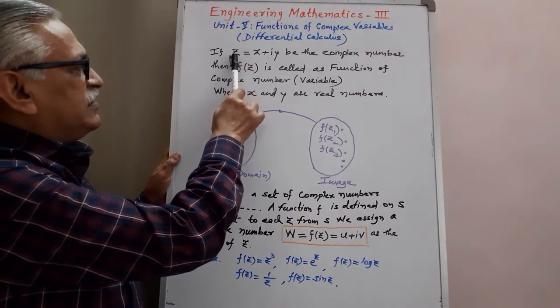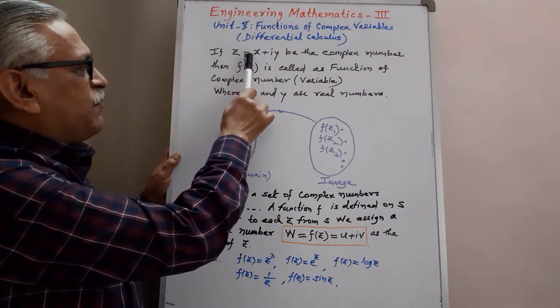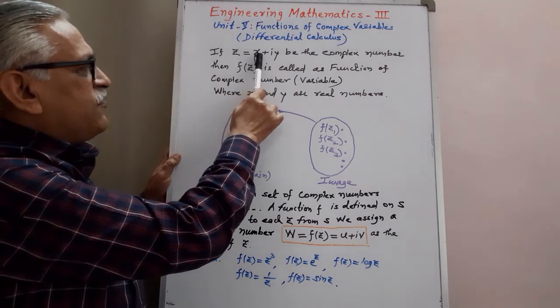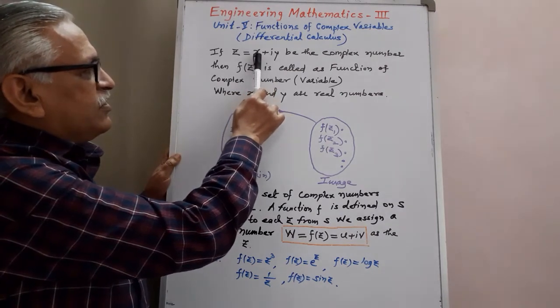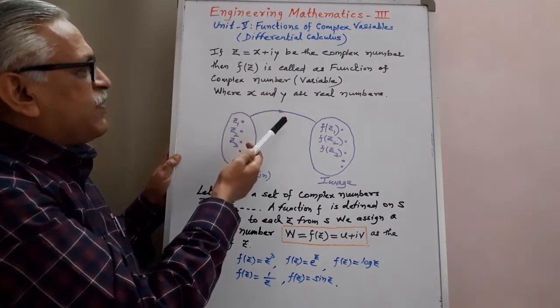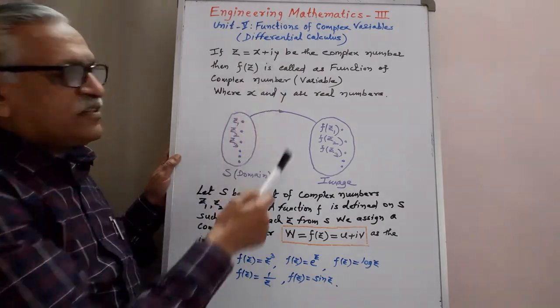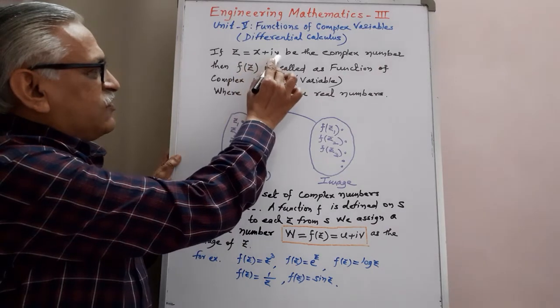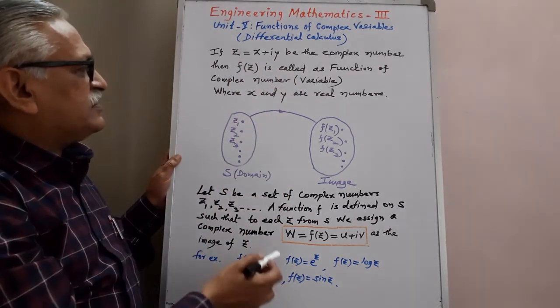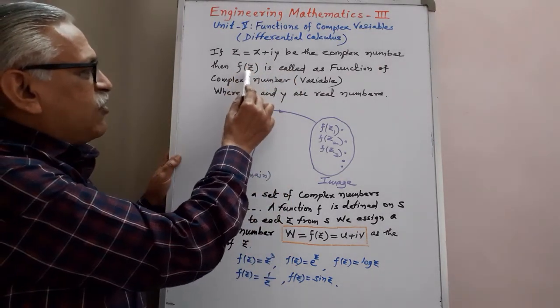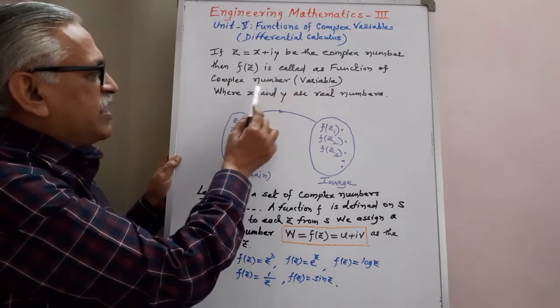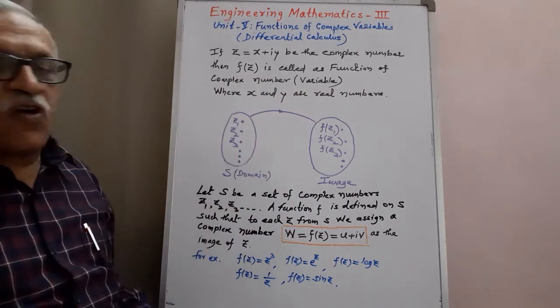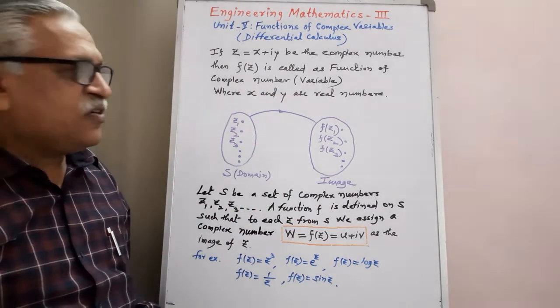Here z is a complex number in the form x plus iy, where x is called the real part and y is called the imaginary part of that number. Both x and y are real numbers. Then f of z is called a function of complex number or variable.